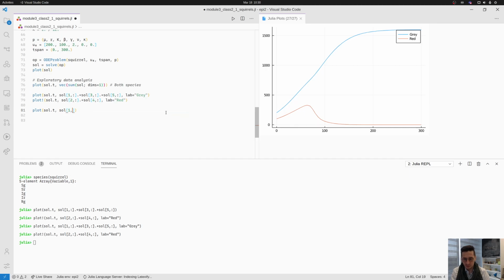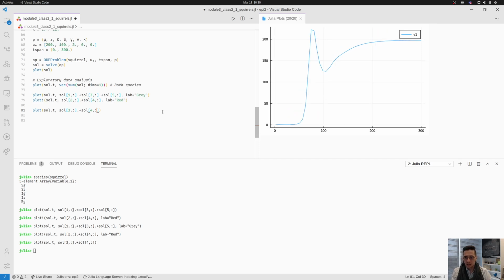So it's a solution of 1, no sorry, it's 3 and 4. And that is the number of infectious individuals, right? So it's total infectious.